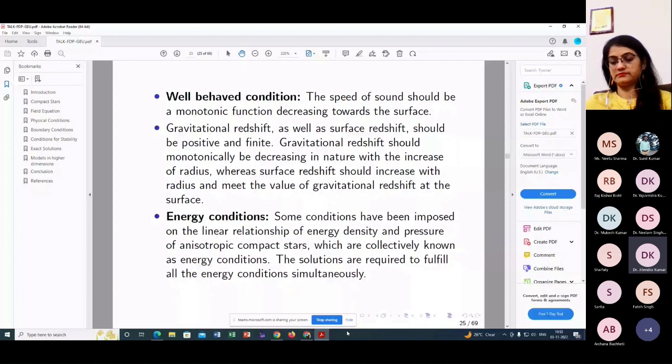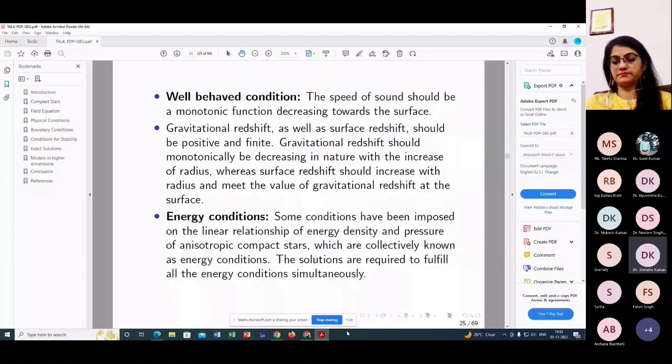The dominant energy condition says that the density must dominate the pressure. If rho minus PR is greater than 0, then we can say that the density dominates the pressure weakly.